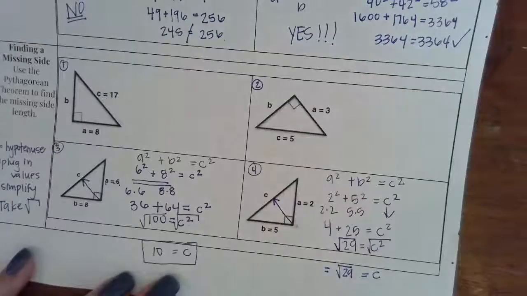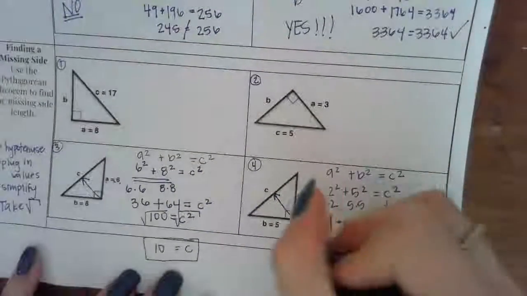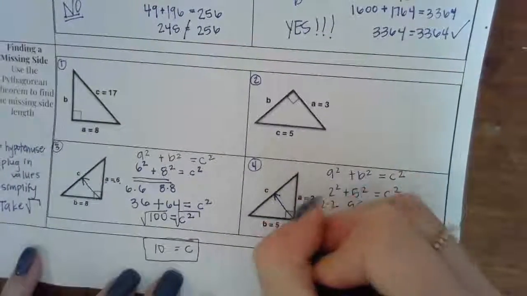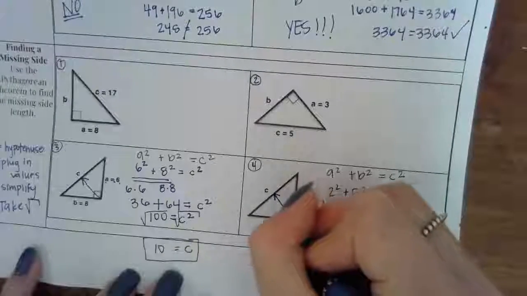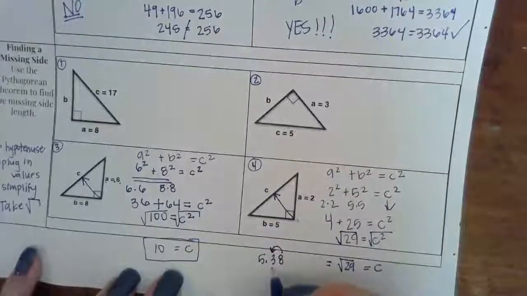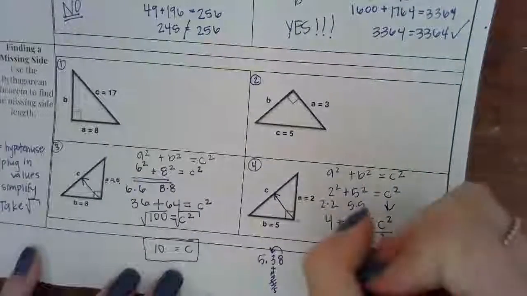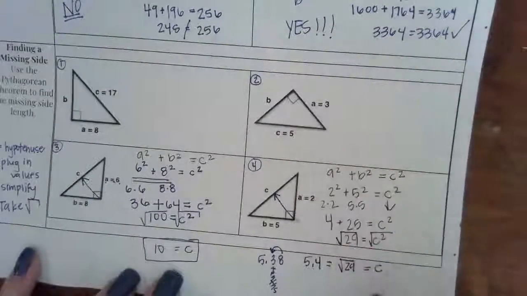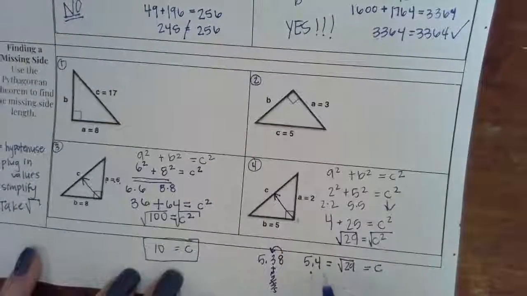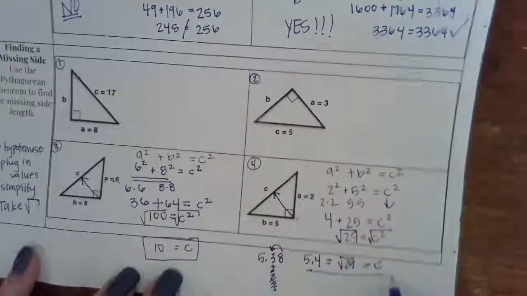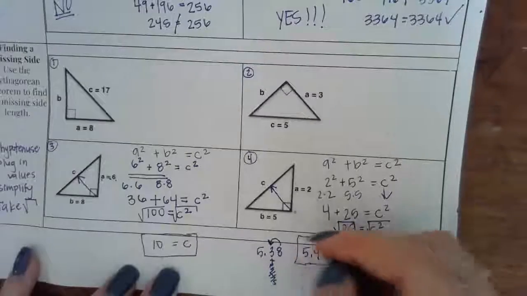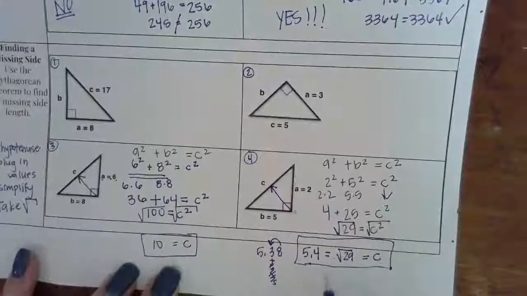We're just going to round to the nearest tenth, so 5.38, that 8 rounds the 3 up because this is my tenths place. It rounds that 3 to a 4. So my answer would either be 5.4 or you can leave it as the square root of 29. You just have to look at what your instruction says. And because it didn't give us any instructions here, we can just have the decimal or the square root.